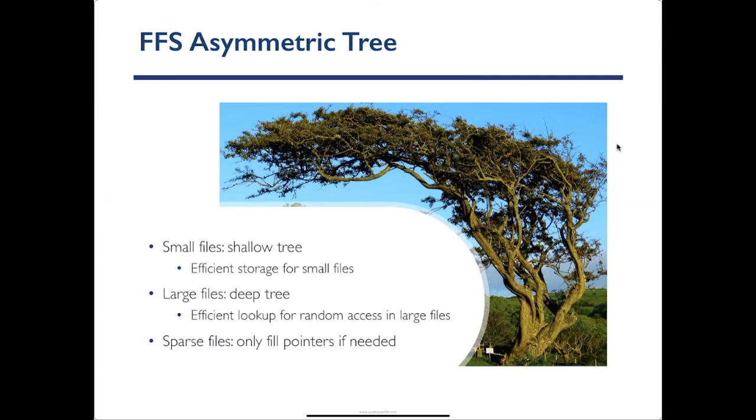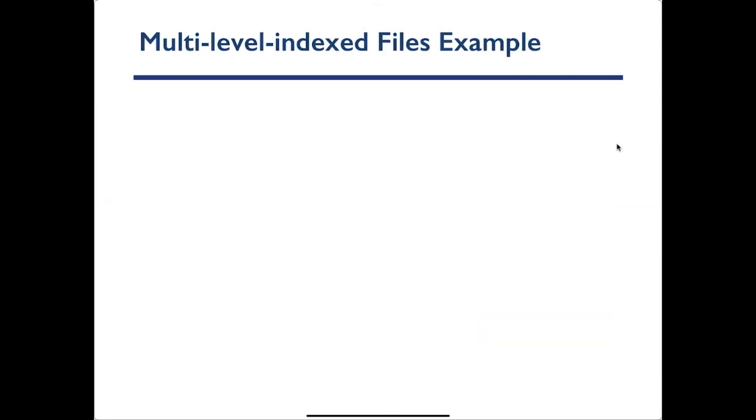Now this is good because in our representation of files, if your file is small, you don't need to use the pointers. If your file is big, then you can use those pointers. Okay, so here are some examples.